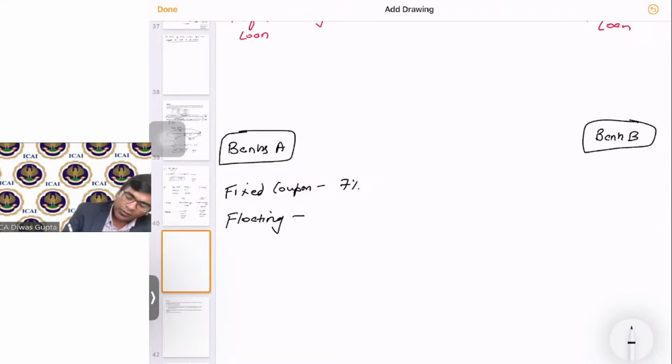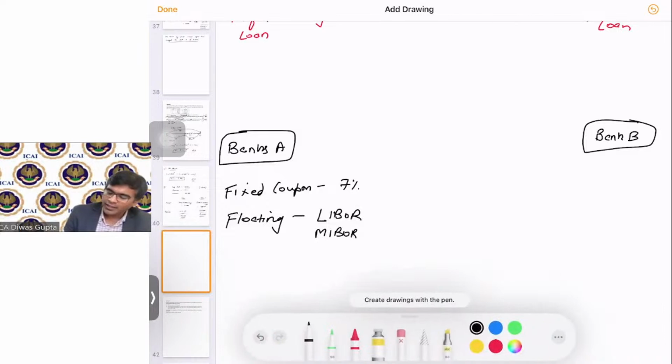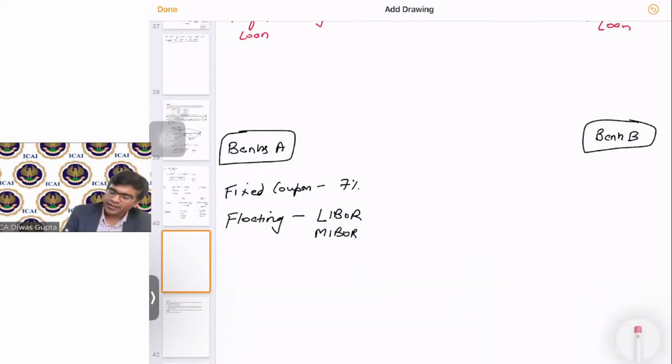And for floating, I am offering you, let's say, LIBOR. Although LIBOR is not there as of now, I'm just using it as part of my discussion. You can assume it to be MIBOR also. It is some sort of a benchmark rate. So for ease of reference, let me use MIBOR only.